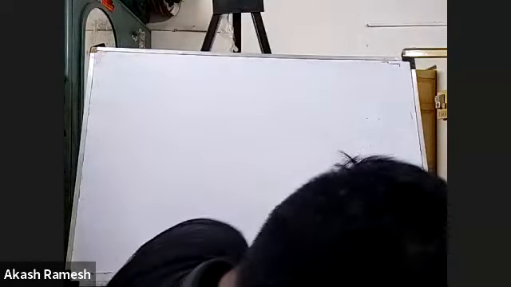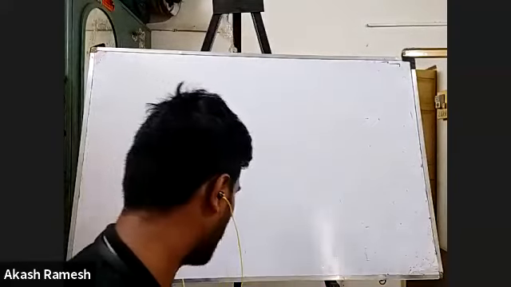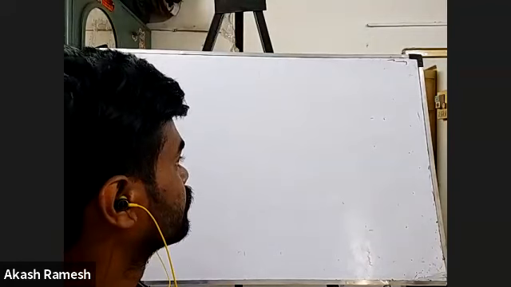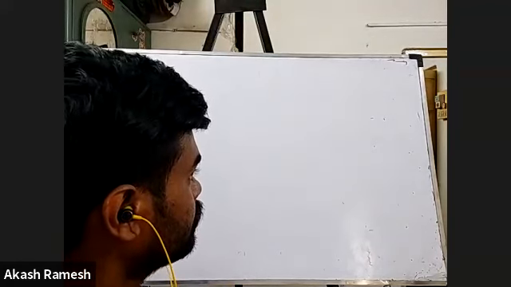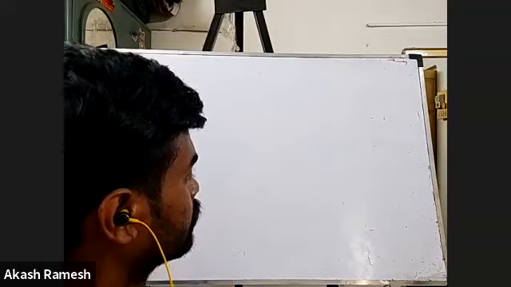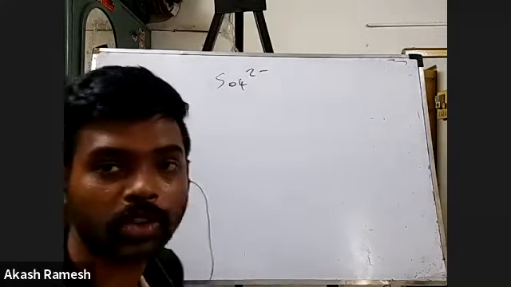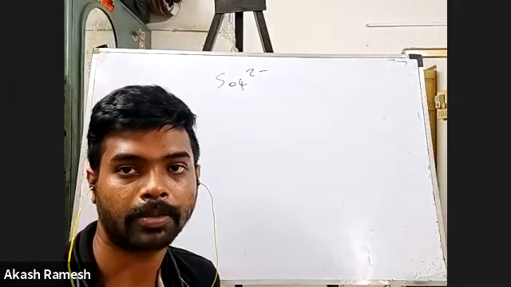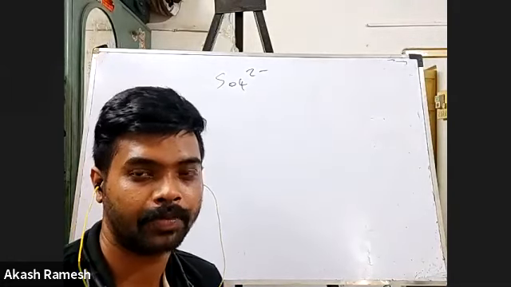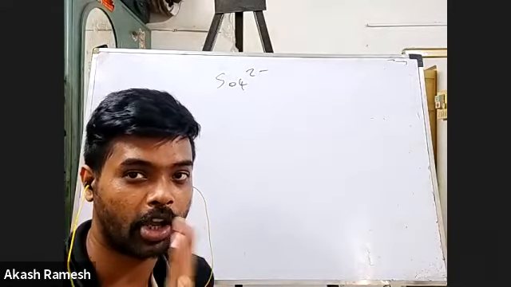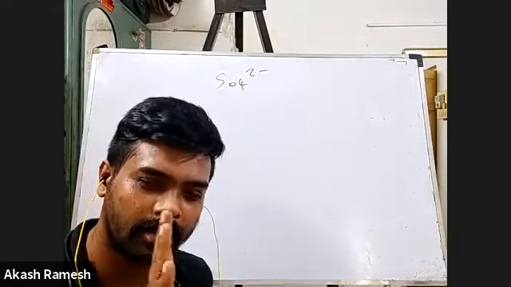Okay. Now, let me take an example with pi bond. Let me see if we can do this. SO4 2 minus. Guys, don't panic. Just by looking at an ion, please do not panic. It's the same thing.